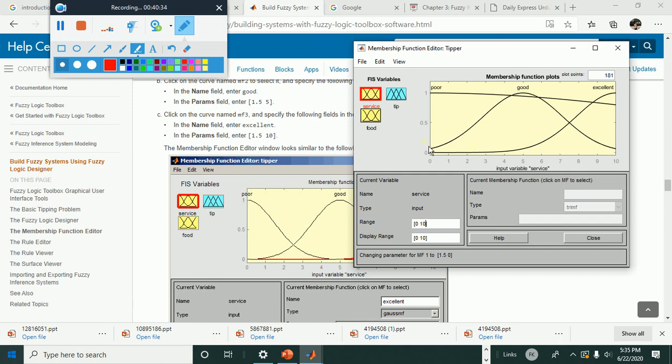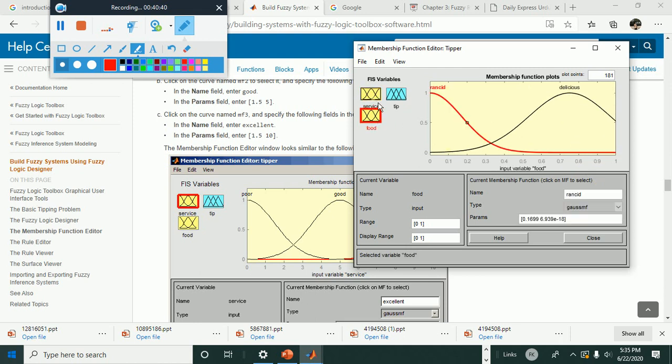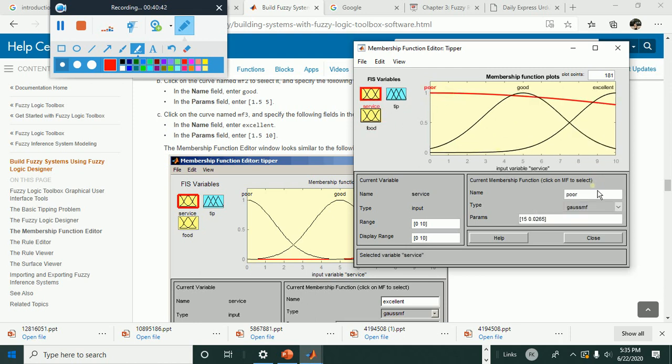So again, this is service, and here it is 1.5 and 0.